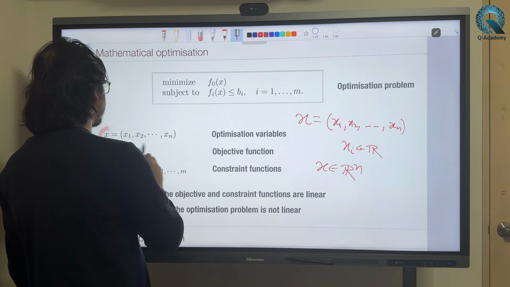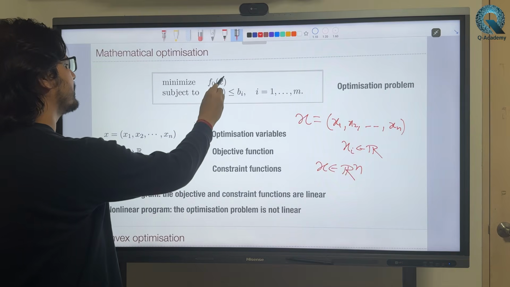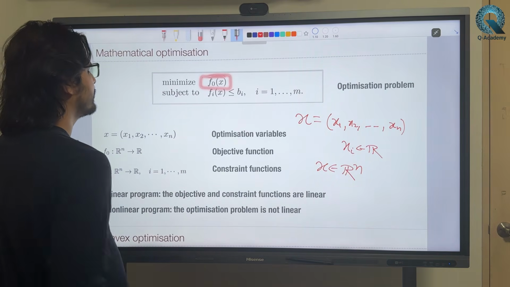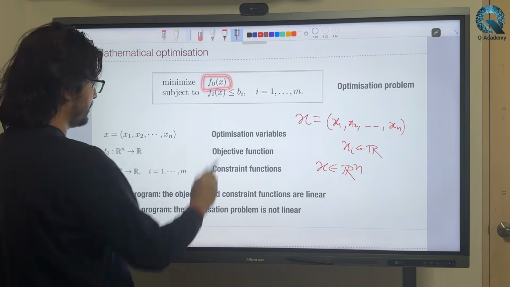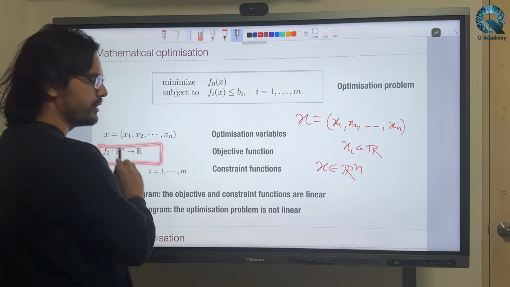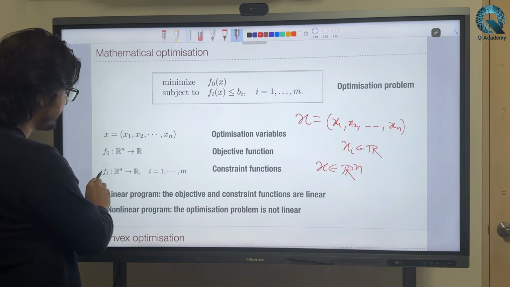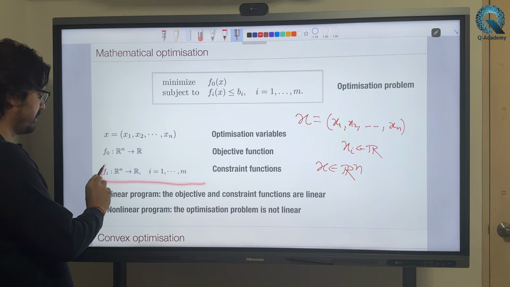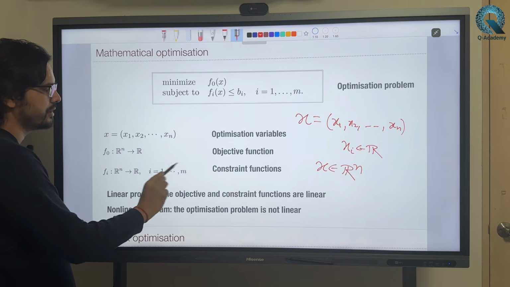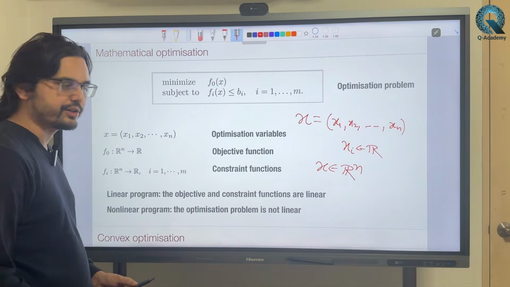This x that you have here is called the optimization variable. What you are optimizing, let's say here you are minimizing, is called an objective function. So this f0 is an objective function, and the fi which go from Rn to R are constraint functions.